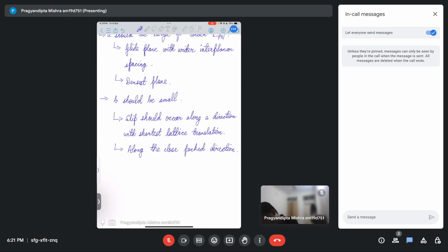So these are the conditions for resistance to be smaller.